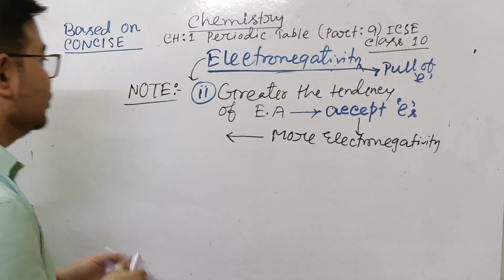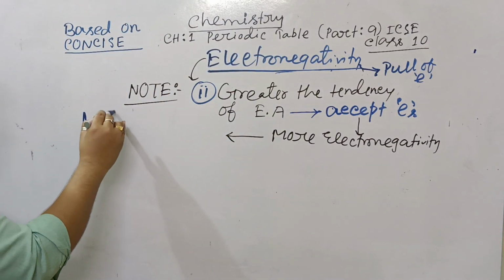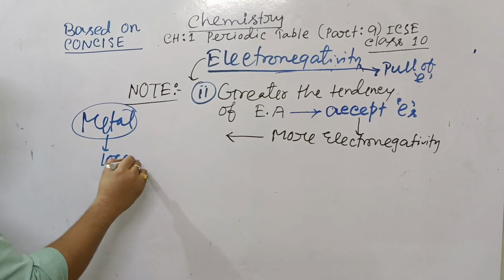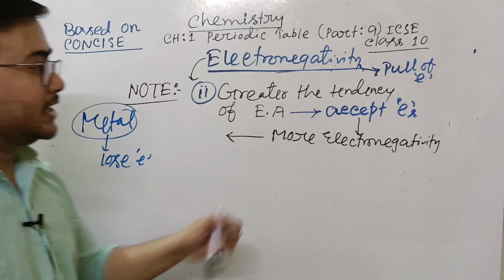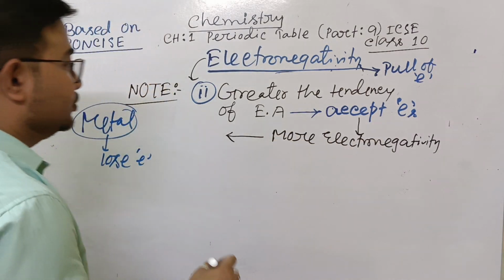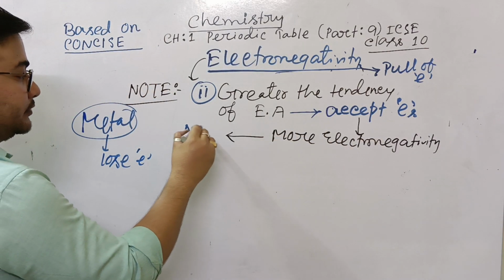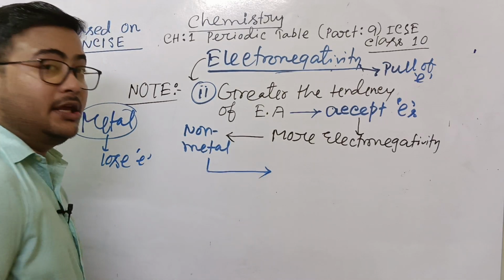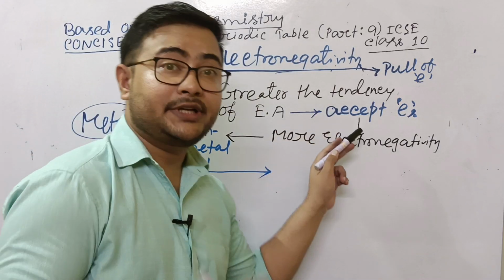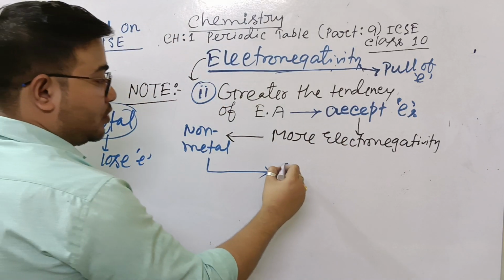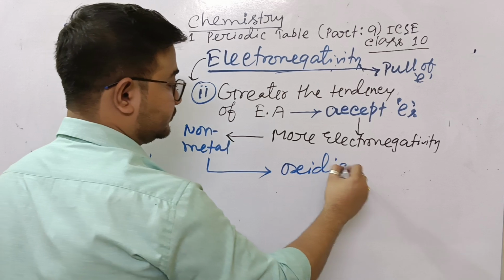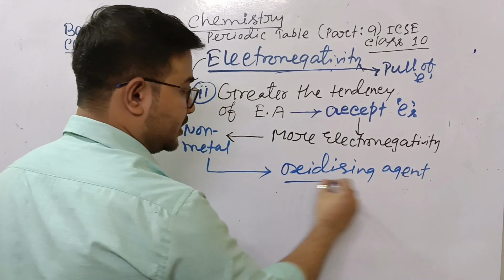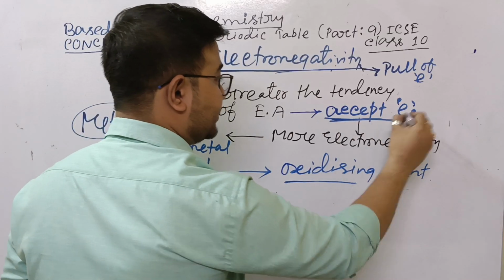Metal always loses electrons, keep this in your mind, but here there is acceptance of electron, so it is non-metal. Another arrow: keep in your mind that acceptance of electron also means oxidizing agent. Oxidizing agent means acceptance of electron.